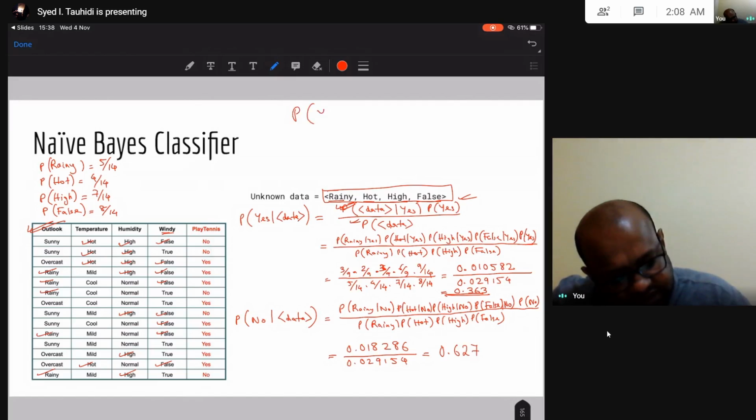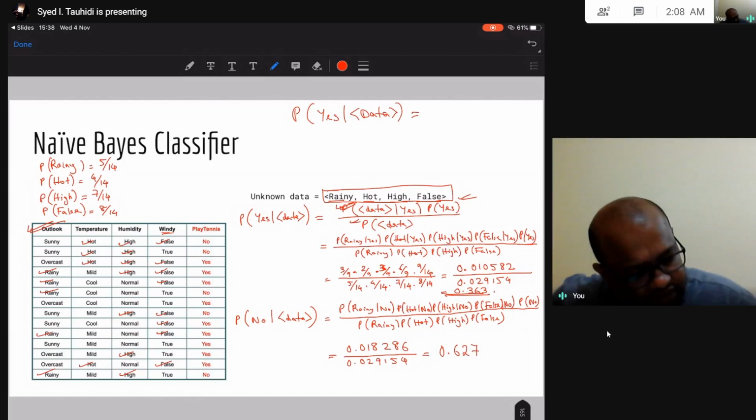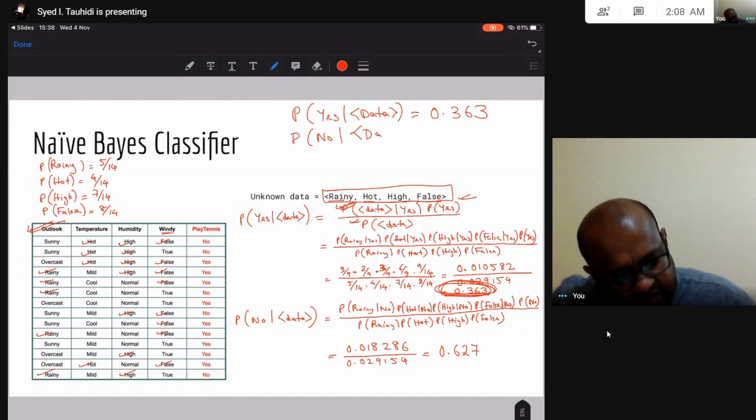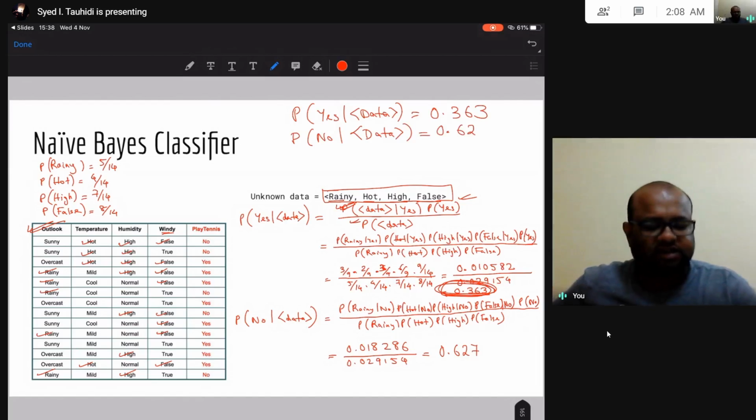The probability of yes given this unknown data is equal to 0.363, and the probability of no given the unknown data is equal to 0.627. So together these two add up to 1.